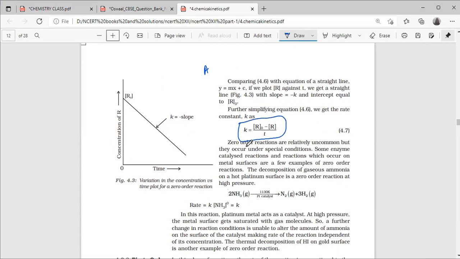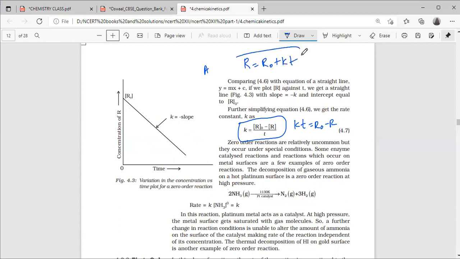Here I can write the concentration of R versus t. That means I can write Kt equal to R0 minus R. Taking R on this side and Kt on the other side, R equals R0 plus Kt.